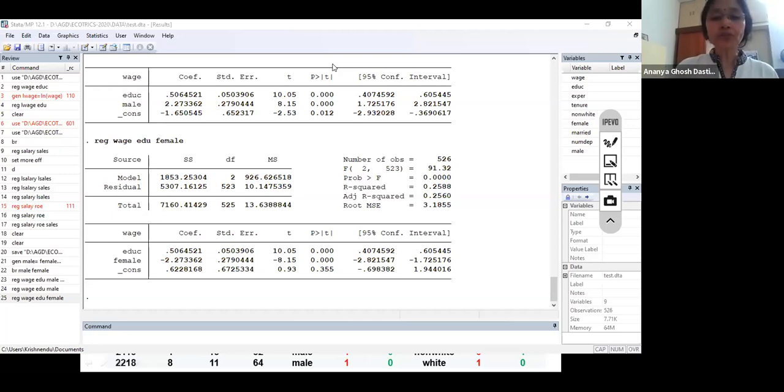So far as dummy variables are concerned, we keep an interaction dummy when we want to say that the two regression lines have different intercepts as well as different slopes. When we want to say that you have two regression lines with the same intercept but different slopes, you just have an intercept dummy. You don't have a dummy interaction.